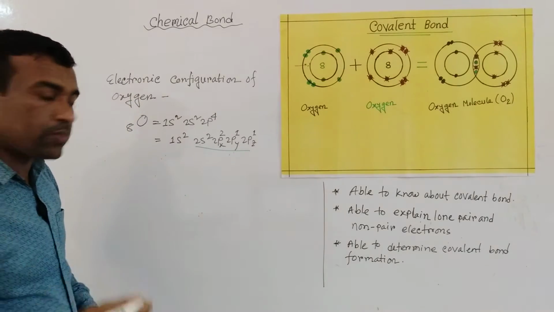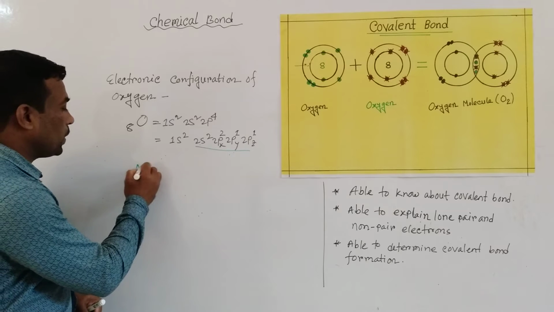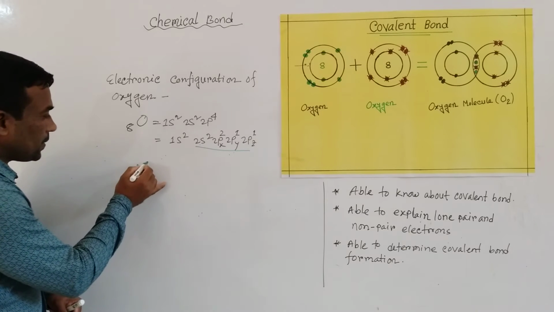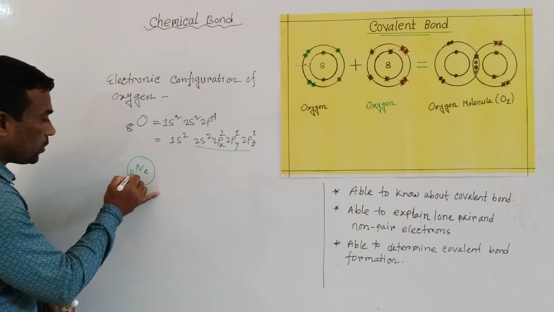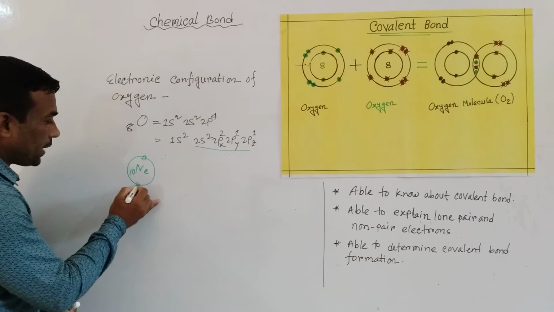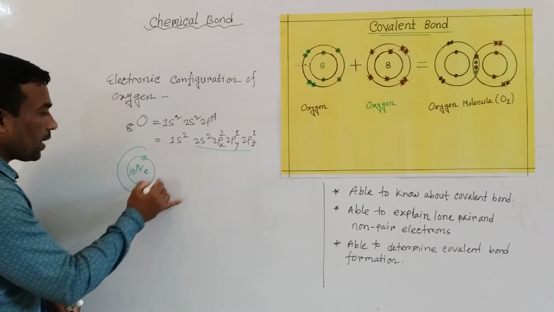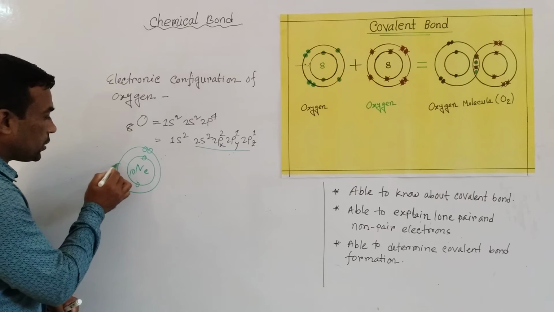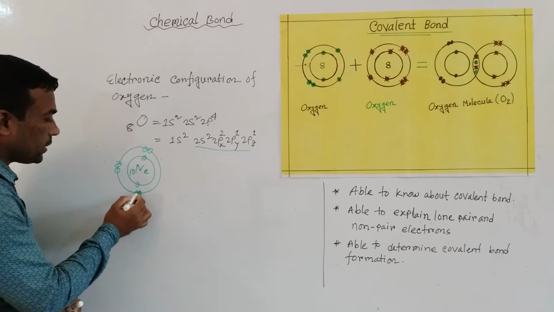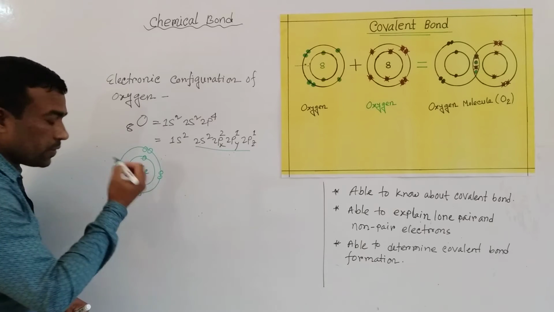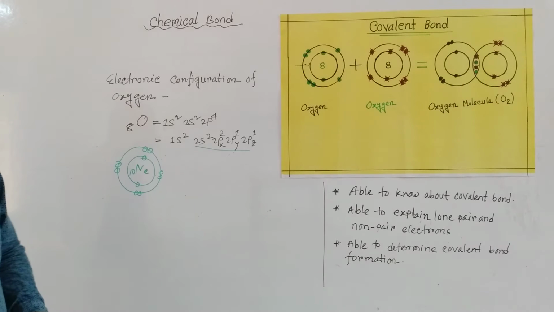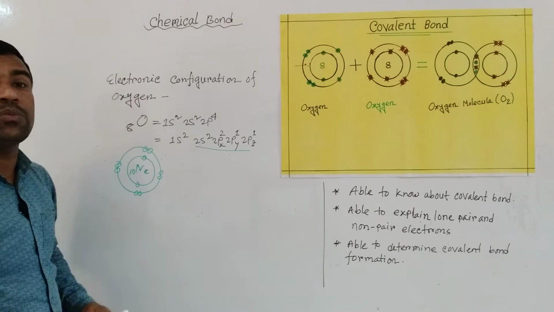So we look at the electronic configuration of neon. Neon has 10 electrons, with 2 electrons in the first orbit and 8 electrons in the outer shell. That is called an octet. Due to the 8 electrons, the inert gas is not interested in forming a bond.